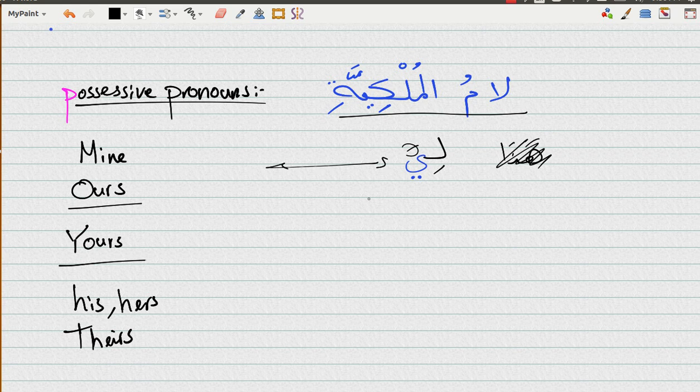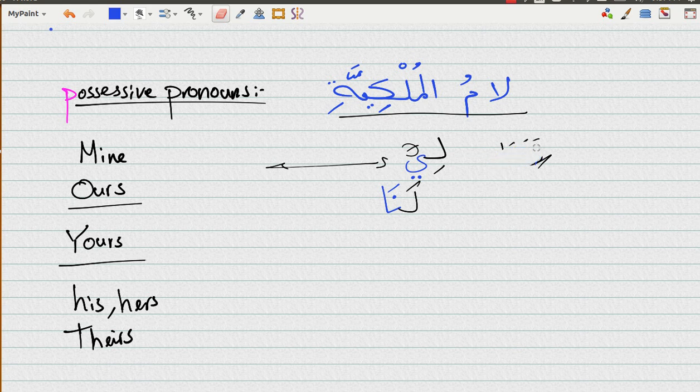The same way. What was the pronoun for نحن, for we in Arabic? It would be na, right? You just add before it lam al-mulkiyya, just a la, and this becomes lana, ours, or for us. Okay, هذا لي, هذا لنا.